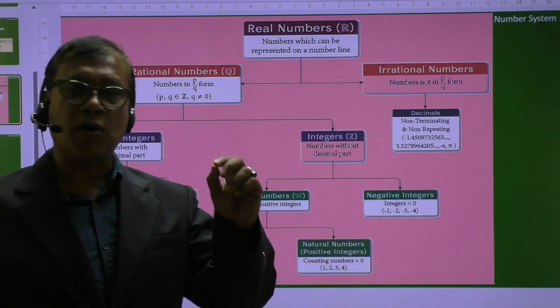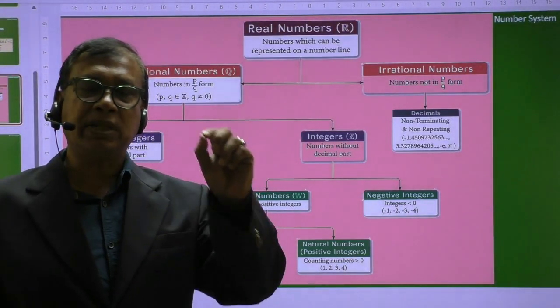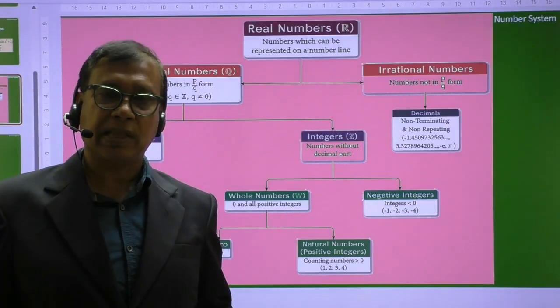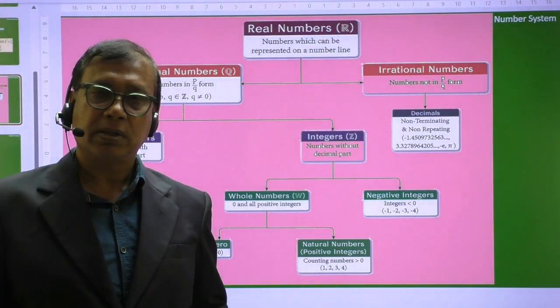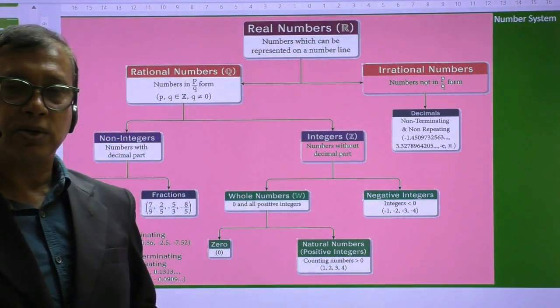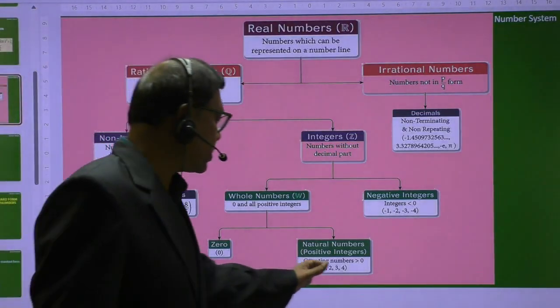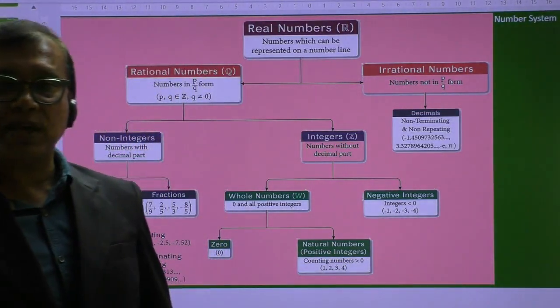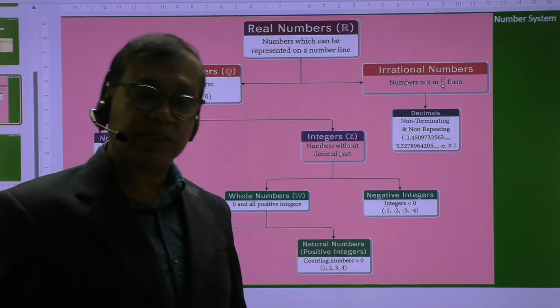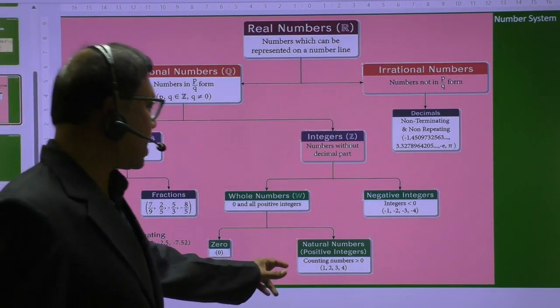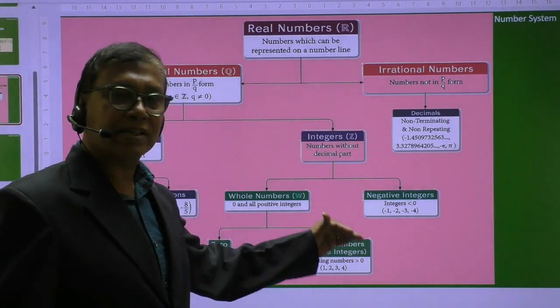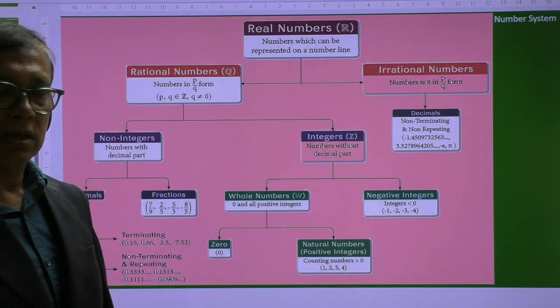That means counting numbers, to count the number of things. Say 1 ball, 2 pens, 3 books. So 1, 2, 3, 4, 5, 6 and so on. These are positive integers or counting numbers, or we can say natural numbers.